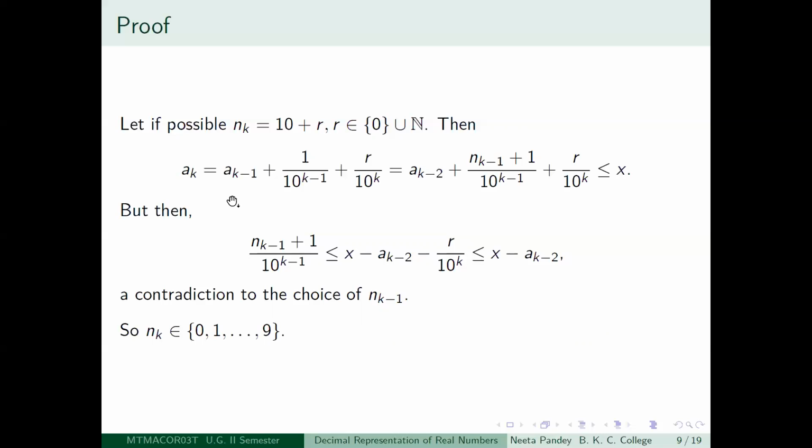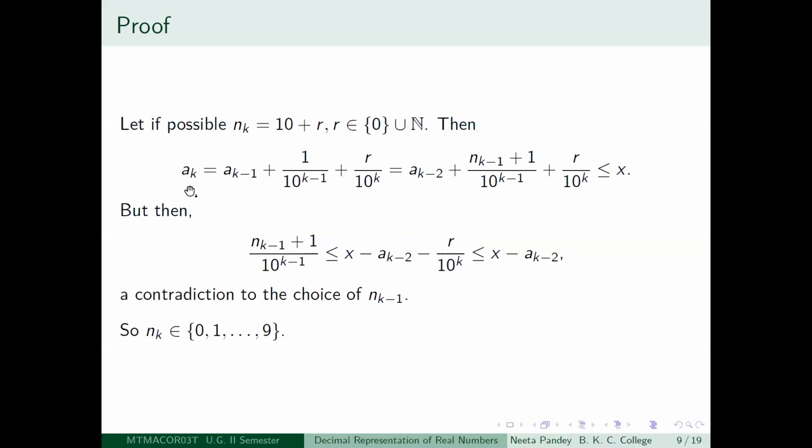Again, as you did in the case of n2, instead of ak minus 1, you write it as ak minus 2 plus nk minus 1 divided by 10 to the power k minus 1. So what do you get? You get your ak is equal to ak minus 2 plus nk minus 1 plus 1 divided by 10 to the power k minus 1 plus r divided by 10 to the power k.